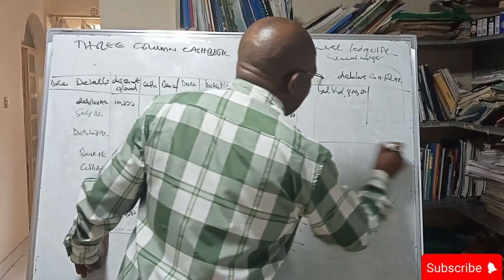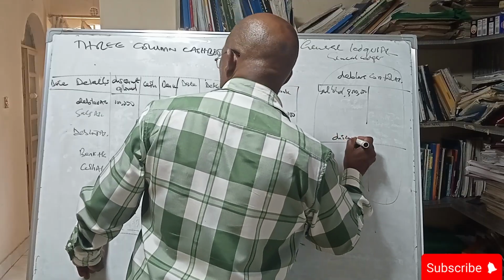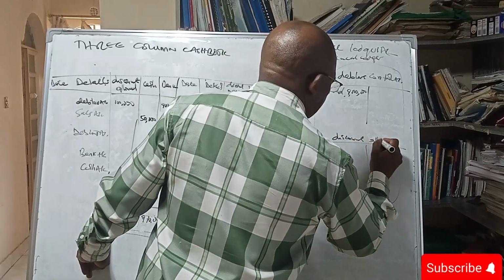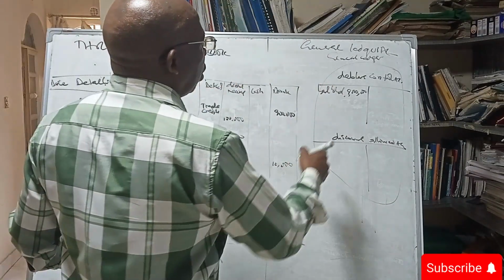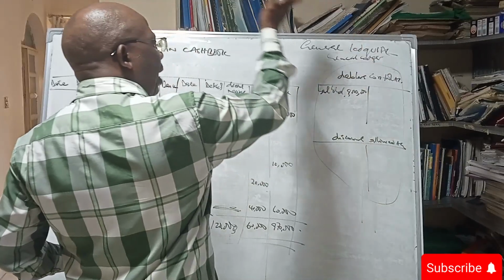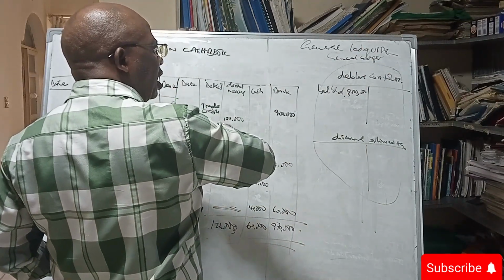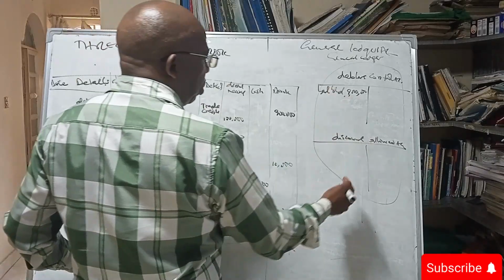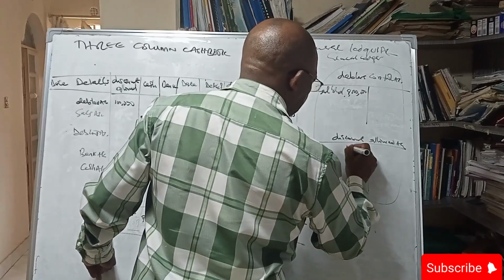So we also have an account within the general ledger called discount allowed. At the end of the period, periodically, we will debit discount allowed here.